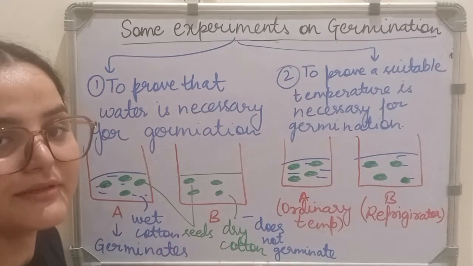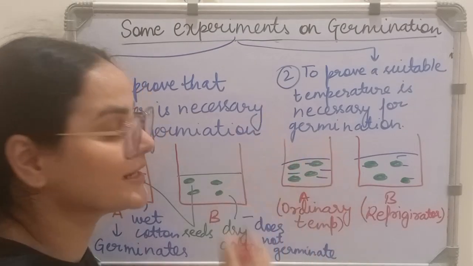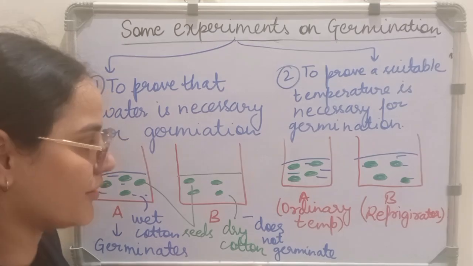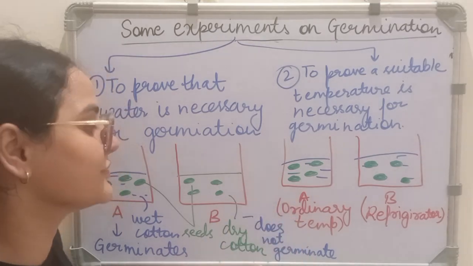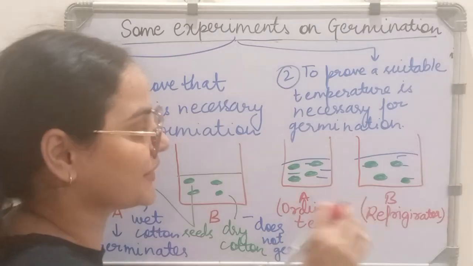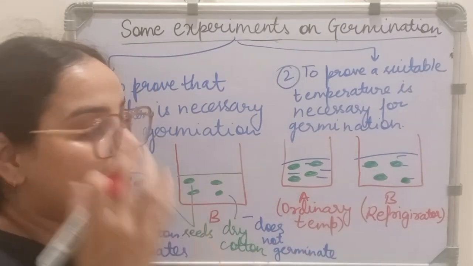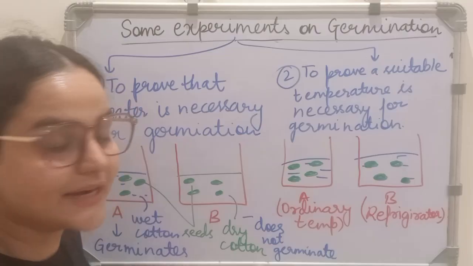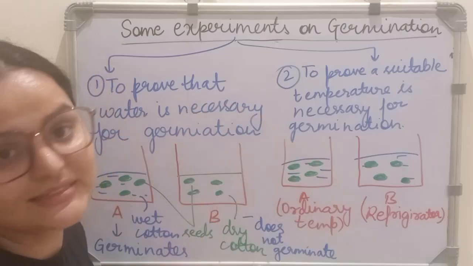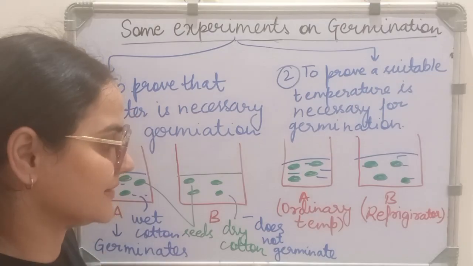And then over time you will see that the seeds which are present in beaker A will germinate, because they are getting water and they are also getting a suitable temperature. While in case of B, although they are getting water, the temperature is very low. In the previous lecture we studied that optimum temperature is necessary for germination, which is 25 degrees Celsius to 37 degrees Celsius.